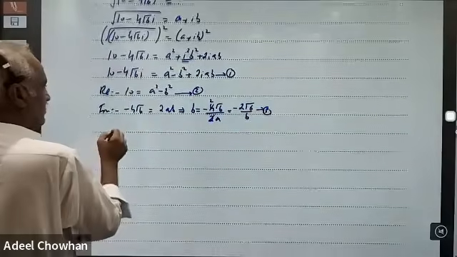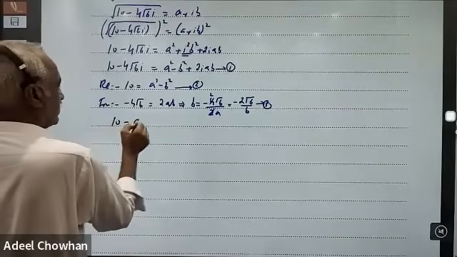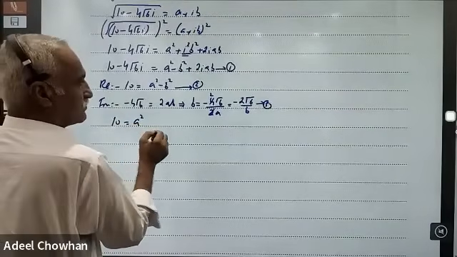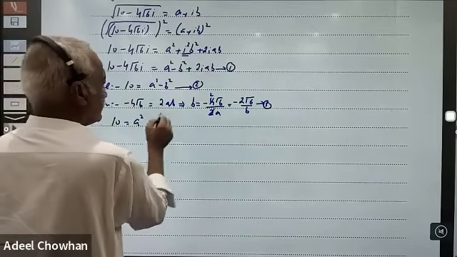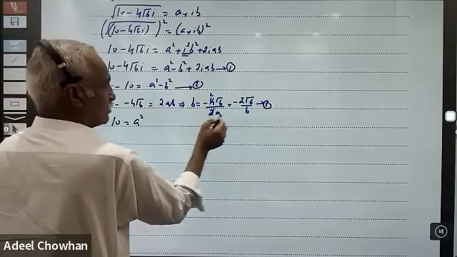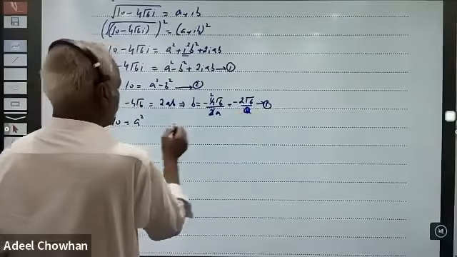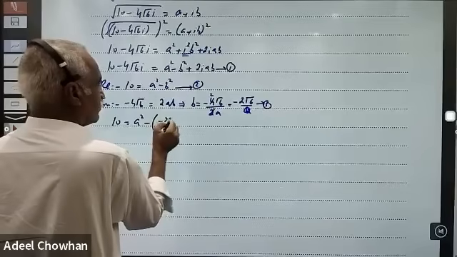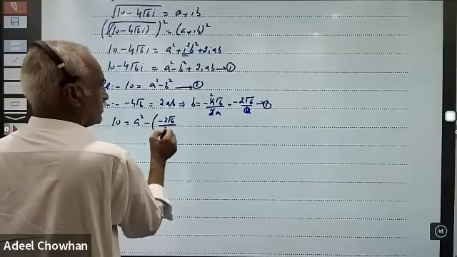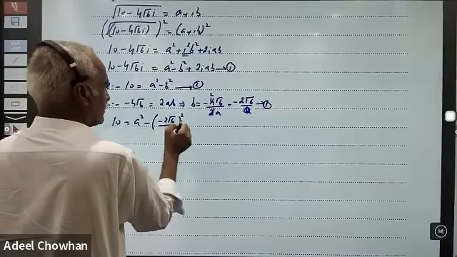So 10 is equal to a square minus b square, and b is equal to minus 2 root 6 over a. So that is minus 2 root 6 over a whole square.